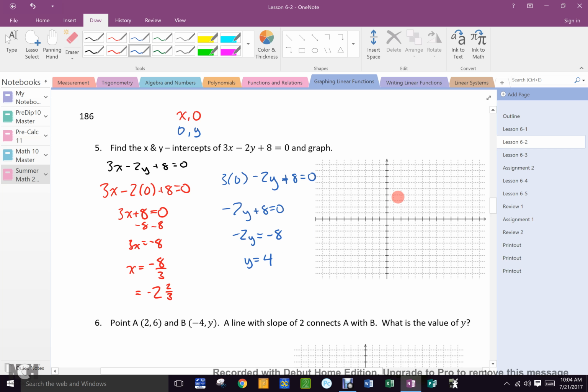So it's not going to fit. So I can't change my scale. So I have to put the y in at 1, 2, 3, 4. And x is negative 2 and 2/3. Well, negative 2 is easy. Where's the 2/3? Just part of the way between, yes? And then I connect the line.